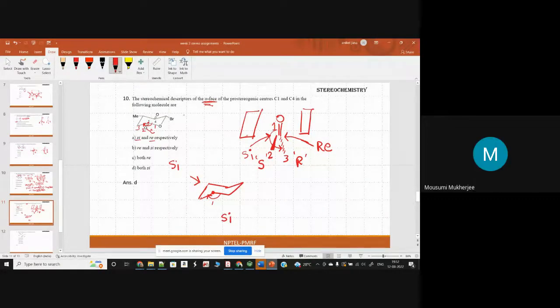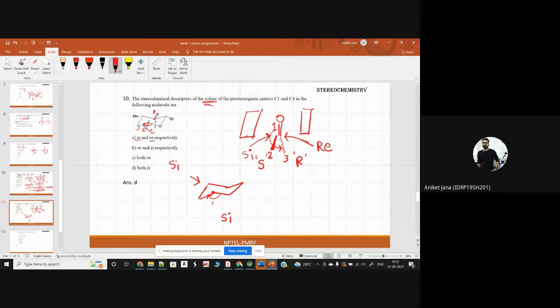Yes. And now tell me about the priority of this one. Which is the highest priority? So right side carbon, bromine attached. No, no, no. Oxygen. Oxygen first priority, obviously. Here oxygen is directly attached. Bromine is now substituted to carbon, so obviously second priority.